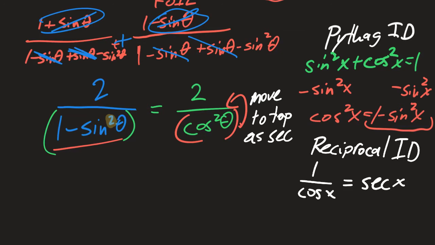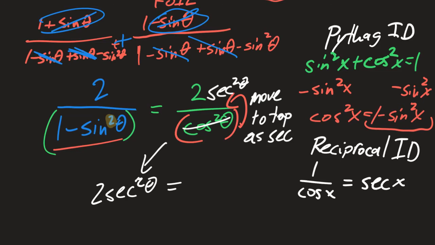So now this cosine squared is going to move to the top, and it's going to now be secant squared theta. And so finally, I've gotten to this 2 secant squared theta, which is equal to the goal that I had set initially when I started this problem.